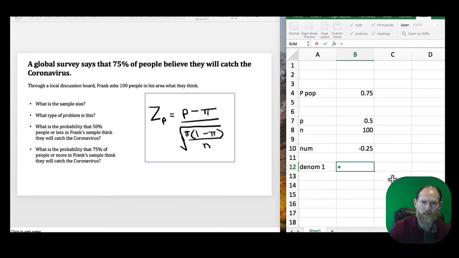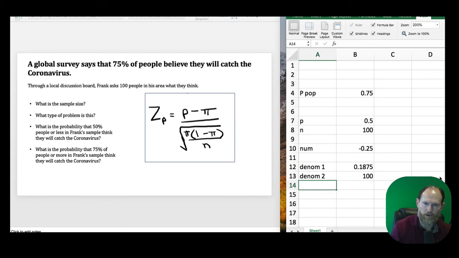So that's going to be, as we see here, the proportion population, P-pop, times 1 minus P-pop. So I'm going to refer to that cell right off the bat, times 1 minus that P-pop. That's going to give me the first part. And then I'm going to have a second part where I'm just going to put N down there.